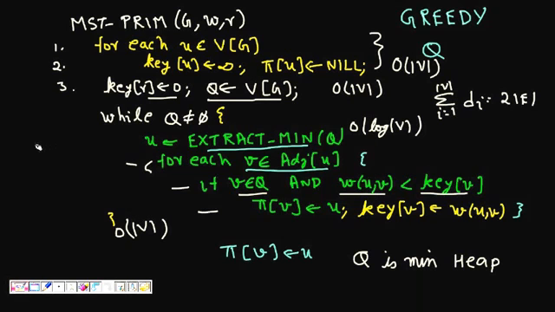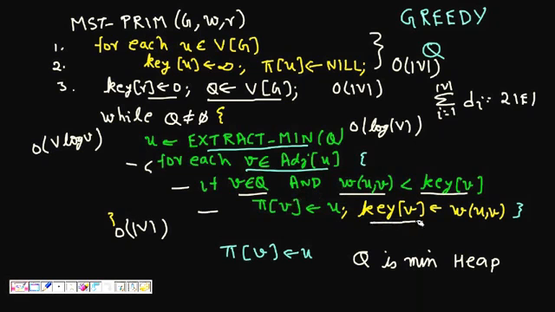So this takes O of V log V time. So extract min, let's try to see. This while loop will run V times, so extract min will take V log V time overall, because we have to do extract min V times. And then for each v adjacent to u, this inner loop will run overall twice the number of edges times.